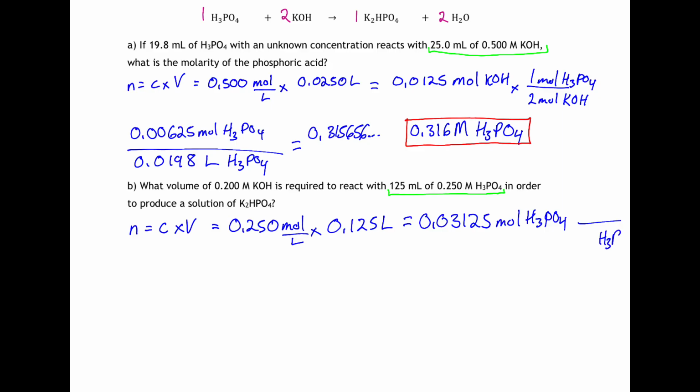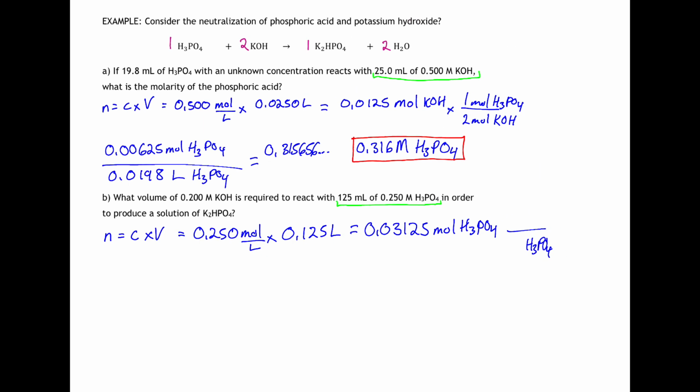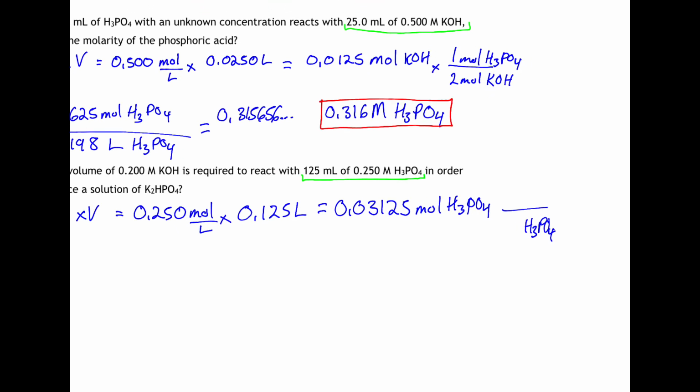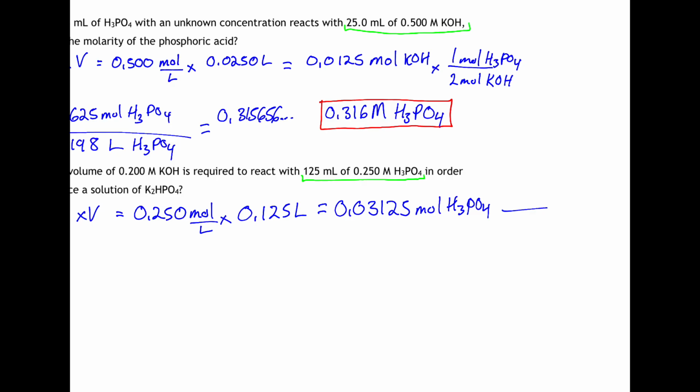I'm going to run off a page here, but hopefully you guys are writing better than me, because I can just cheat and add more page. So I'm going to try that again. Okay, so I have 1 mole H3PO4.